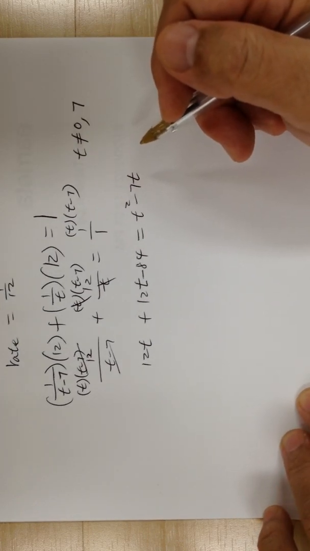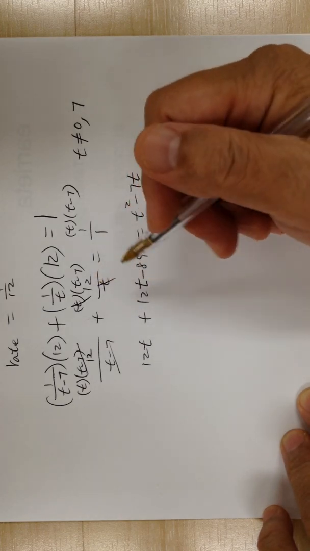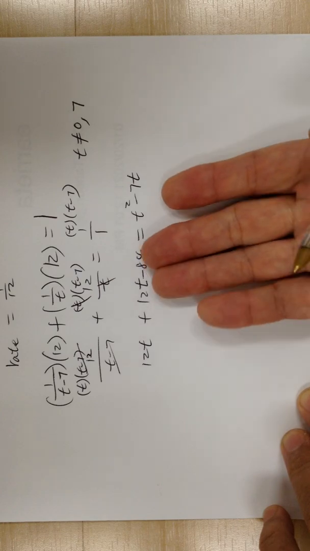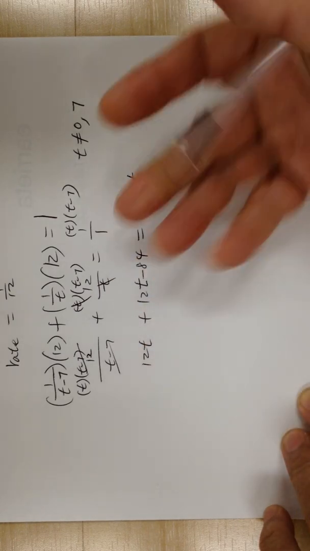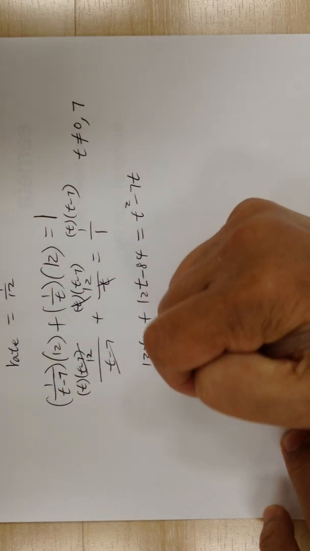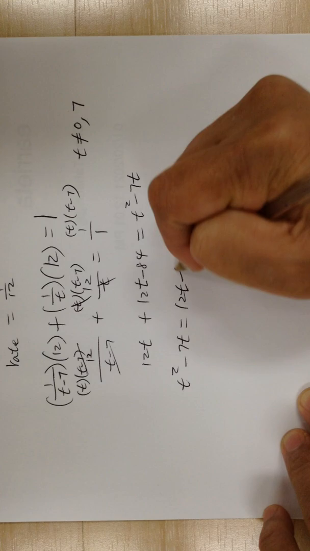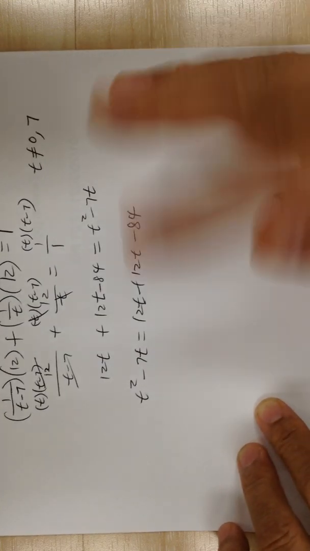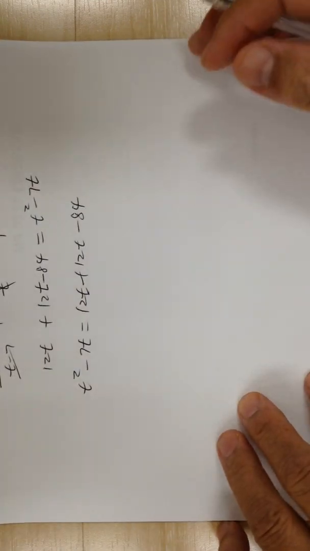Before I do anything, I'm going to flip it over because the t squared is on this side. So I'm going to move it to this side. I'm just flipping this whole thing over. So I got t squared minus 7t equal to 12t plus 12t minus 84. Okay. So I'm not doing anything, I just flipped things over.